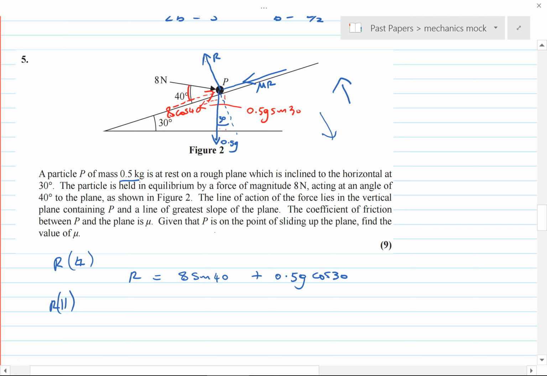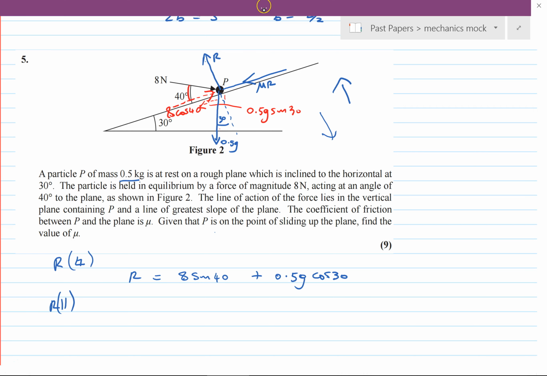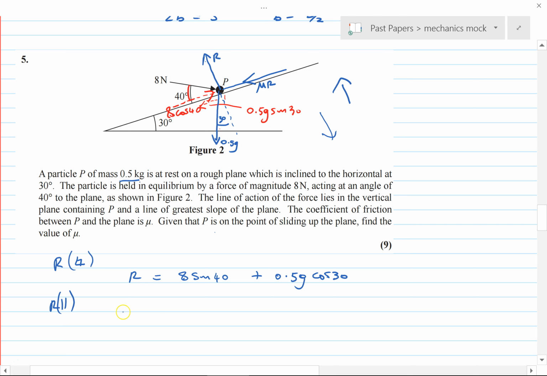So let's write that into our equation. We have 8 cos 40 going upwards. Everything else is going downwards: the component of the weight, 0.5 g sine 30, and also the mu R.